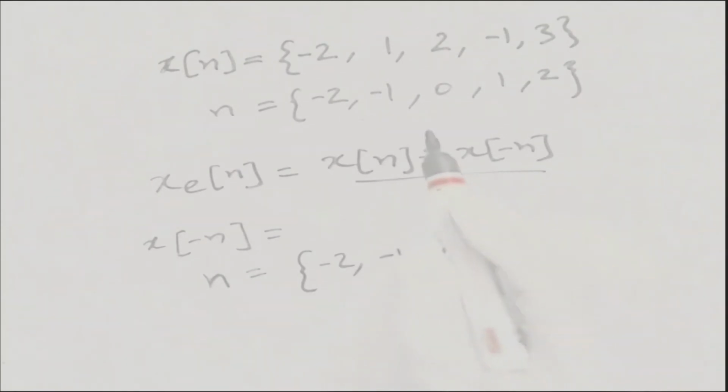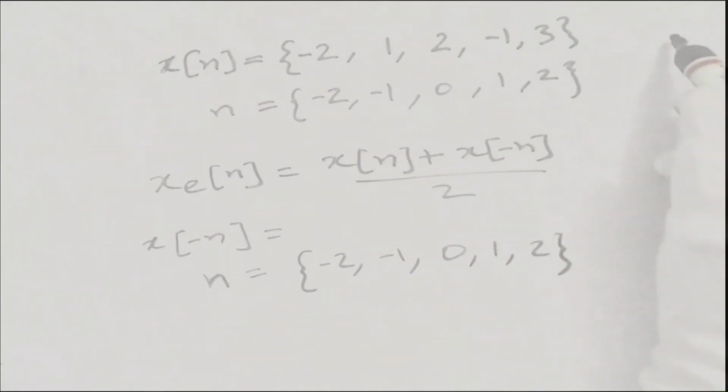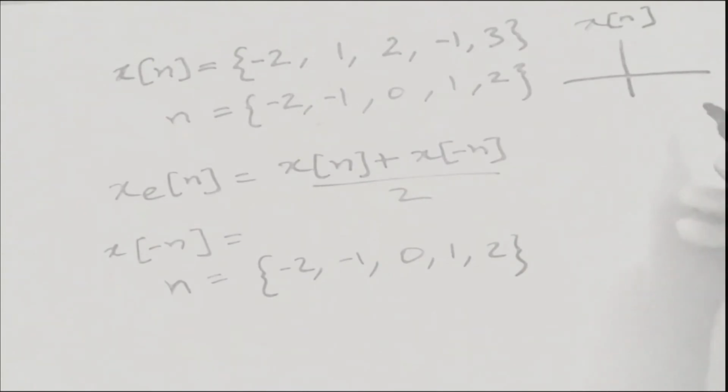Okay, one thing I forgot. You can draw the signal as well. If you draw x of n versus n, at n equal to 0, you have value as 2.